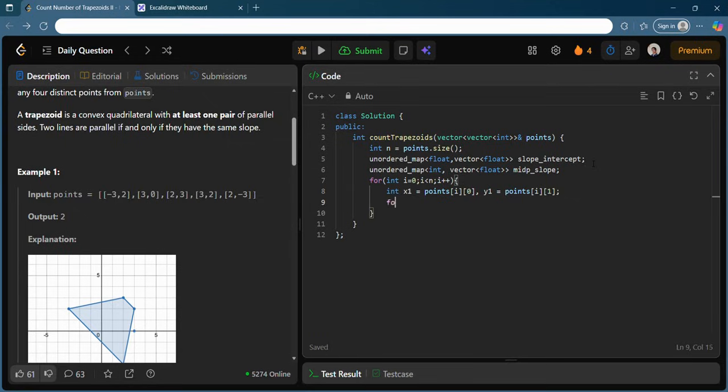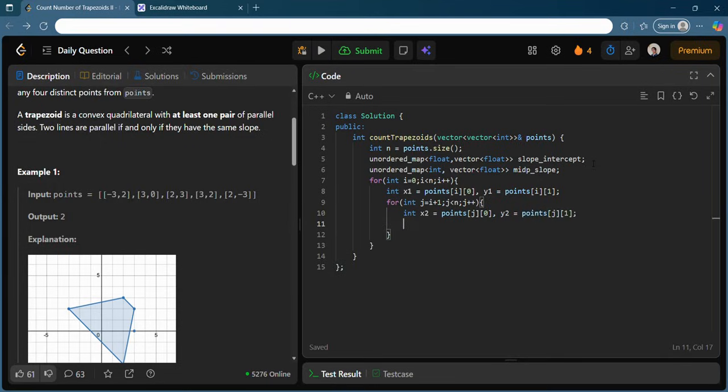And you have another variable j. You can go through i plus 1. Do not take repetition of points. Just select a pair of unique points everywhere. So j from i plus 1 less than n, and I will take x2, y2 over here also. So points of j 0 is x2 and y2 is also simple, points of j 1.